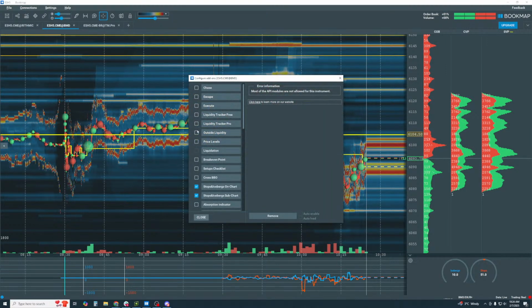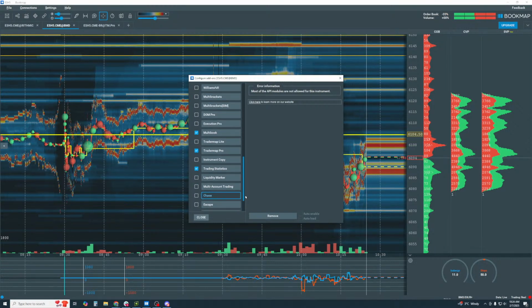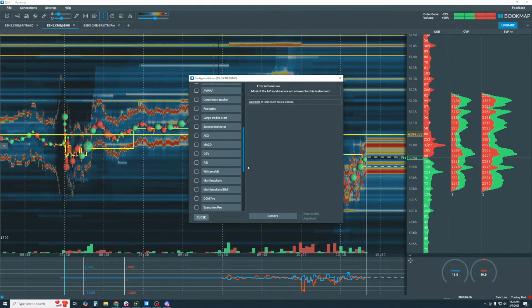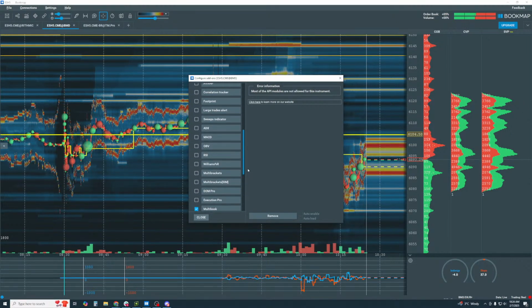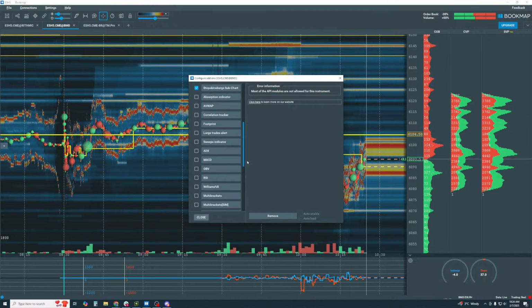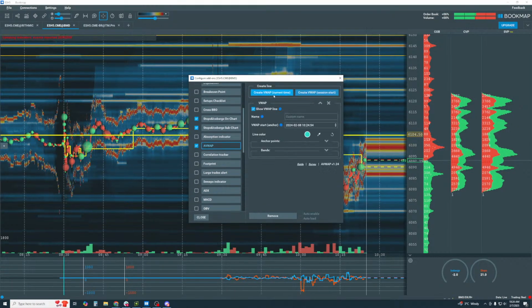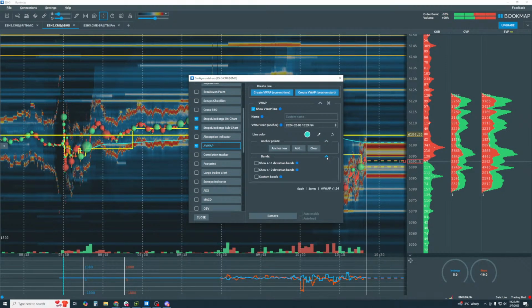Let's also take a look at our VWAP in here. Okay, looking at some higher time frame stuff. Here's my anchored VWAP. All right, so let's see.